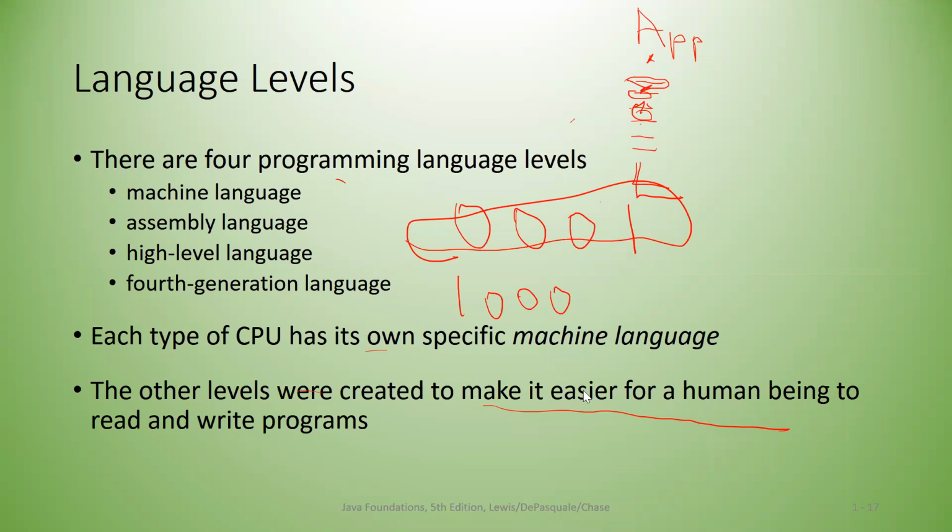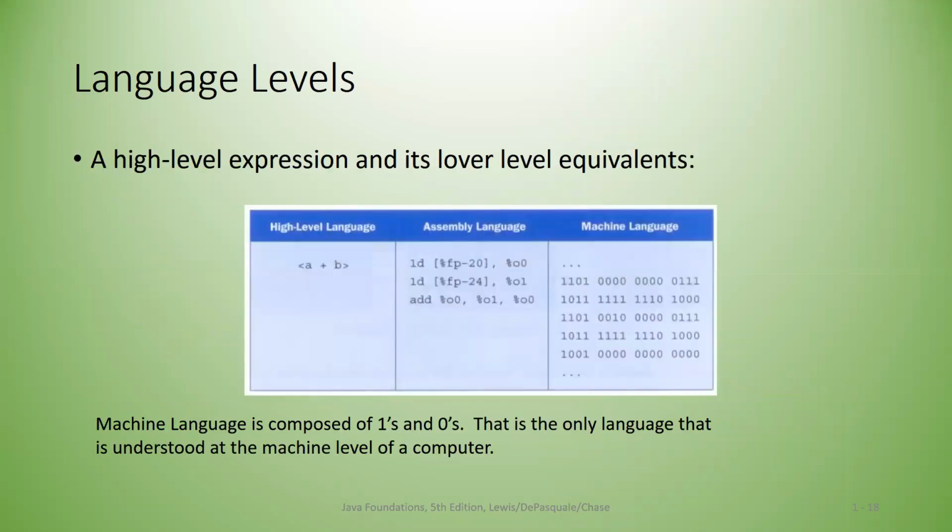Okay, so this is a high-level language here, A plus B right here, and this is assembly language. You see, it's not completely ones and zeros, but it's difficult to understand. You have to learn it, right?